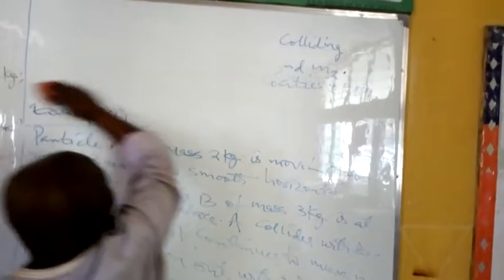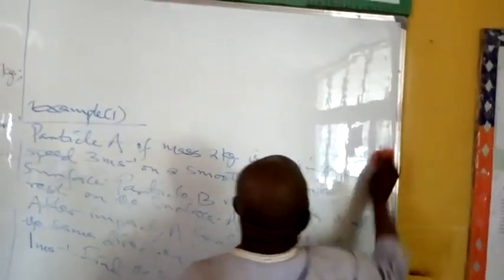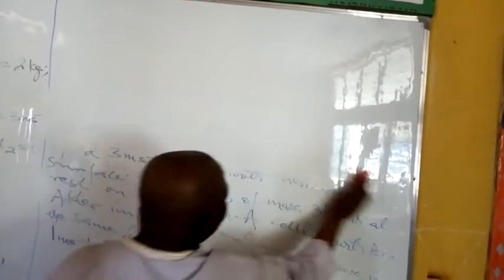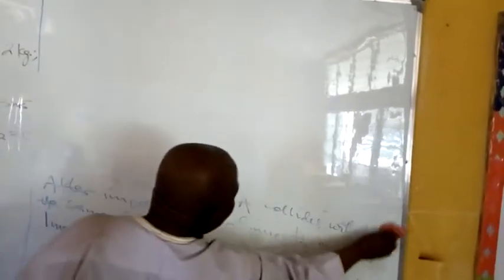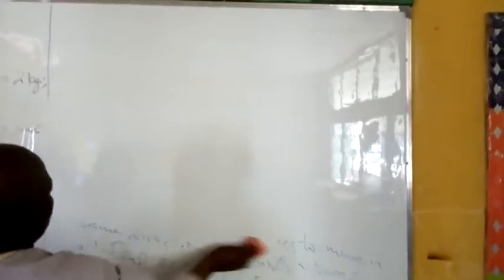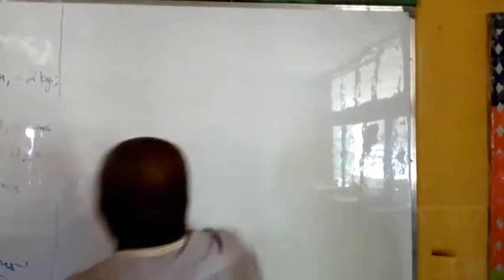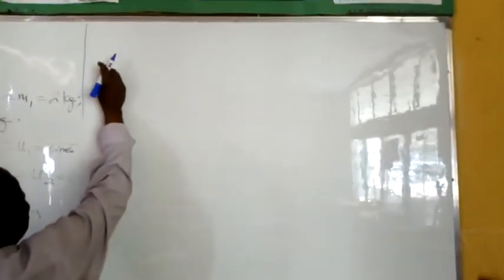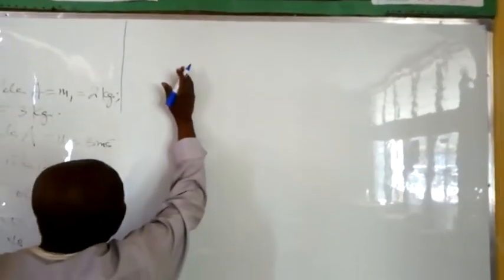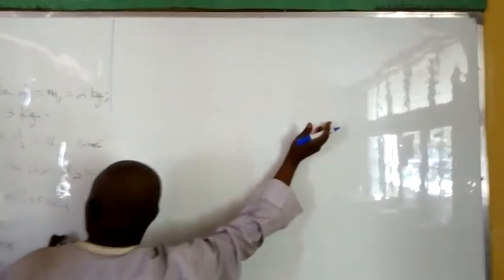So, according to the law of conservation of linear momentum, the total momentum before impact is equal to the total momentum after impact.